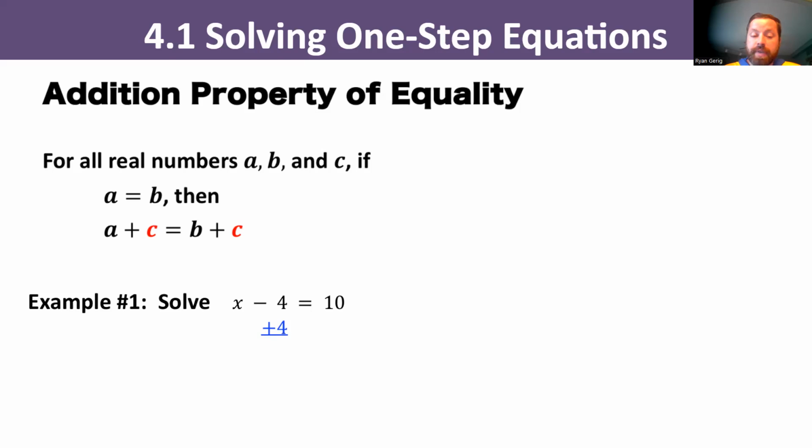But I can't just do that. It doesn't follow the property of equality because I didn't add 4 to the right side. So I have to add 4 to the right side as well. That gives me x plus 0 on the left-hand side and 14 on the right-hand side. We know x plus 0 is just x. That's the identity property of addition. So x equals 14, and we've just figured out the value of x.